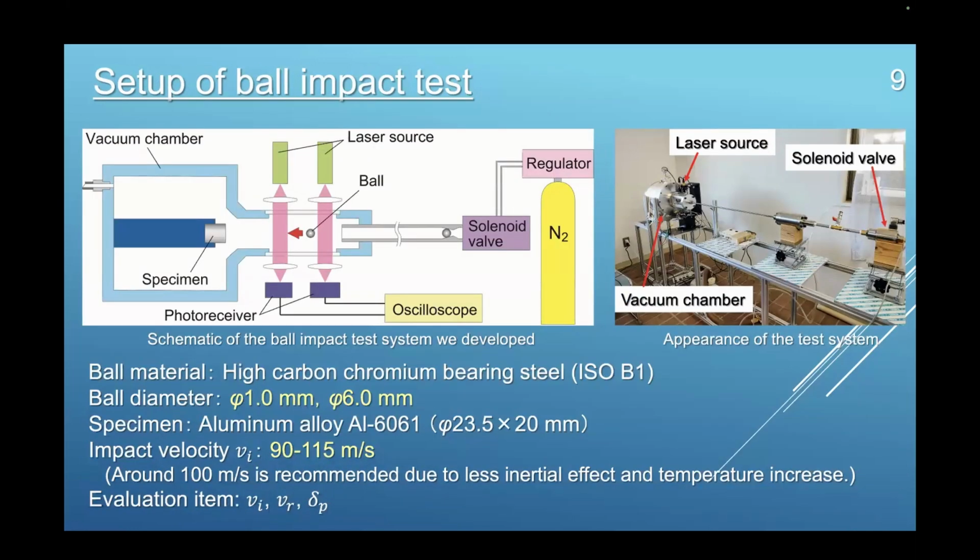Next, we conducted ball impact and indentation tests. This figure shows the schematic of the ball impact test system we developed.